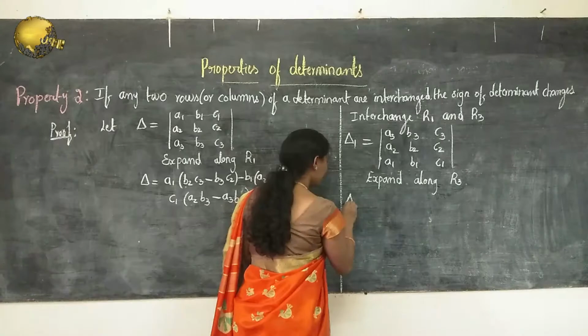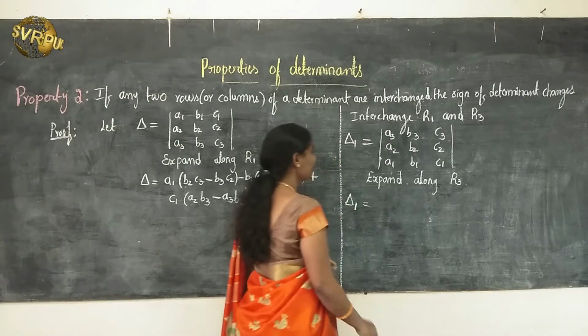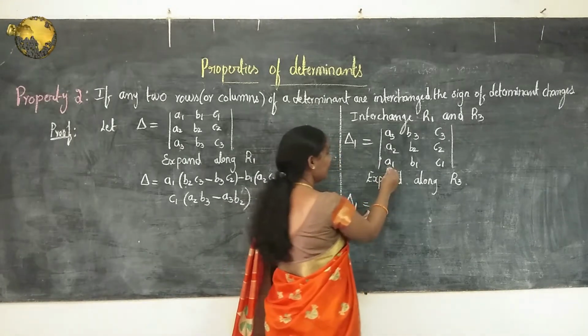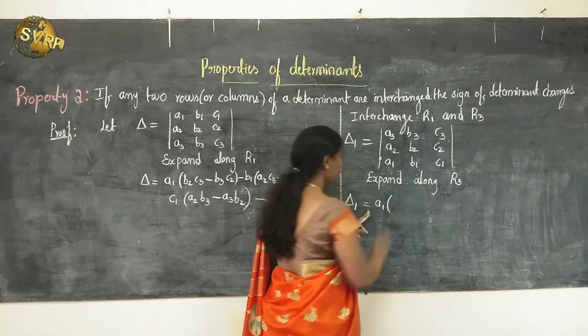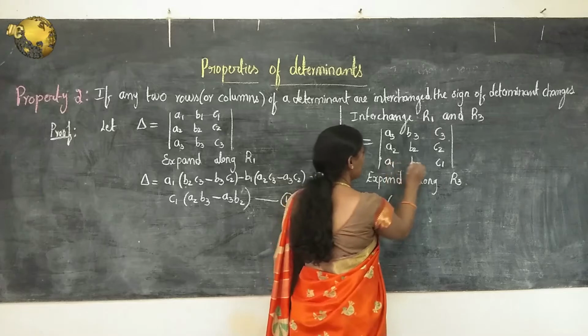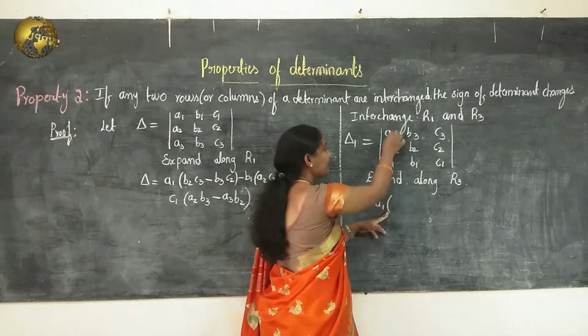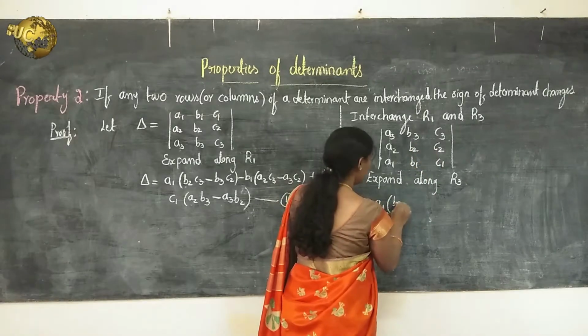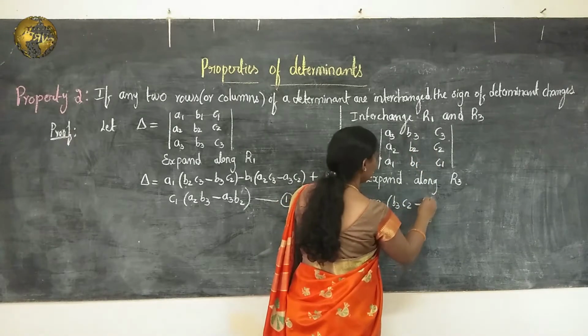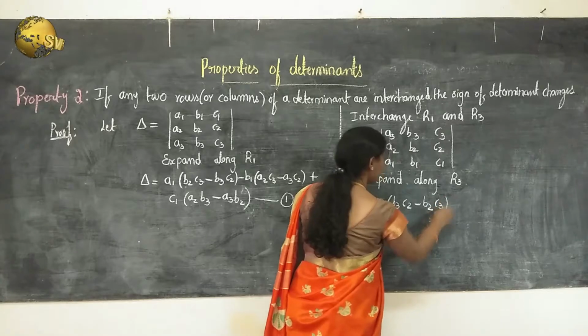So delta 1 is equal to, for row 3, the position sign is plus minus plus again. So A1 into, this A1 belongs to the third row and first column, so the remaining elements are B3 C2 minus B2 C3.